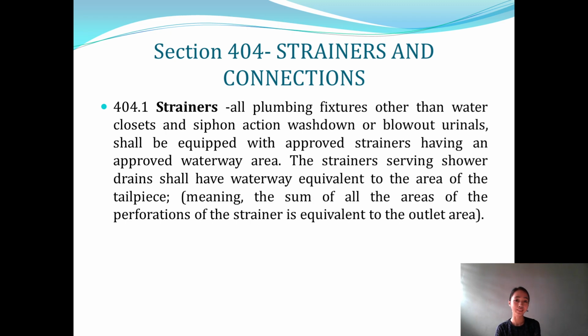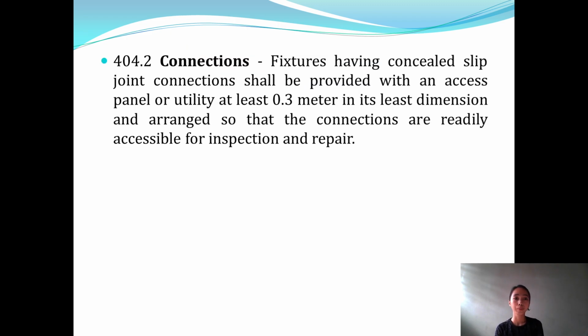404.1, strainers. All plumbing fixtures other than water closets and siphon action, wash down or blowout urinals shall be equipped with approved strainers having an approved waterway area. The strainers serving shower drains shall have a waterway equivalent to the area of the tailpiece, meaning the sum of all areas of the perforations of the strainer is equivalent to the outlet area. 404.2, connections.